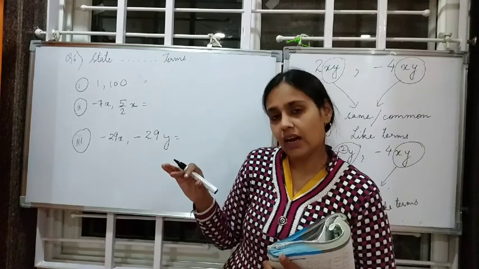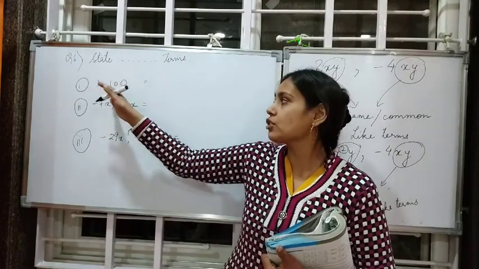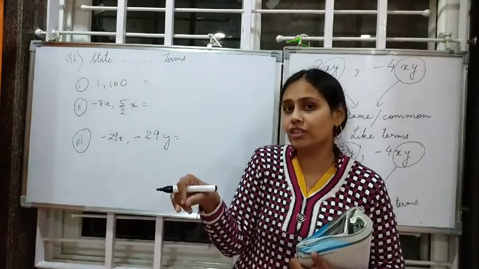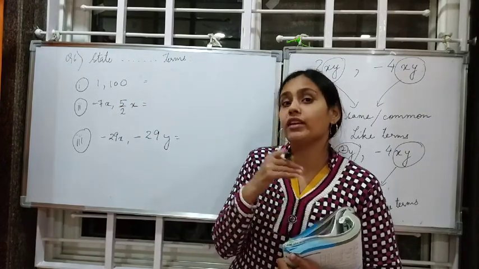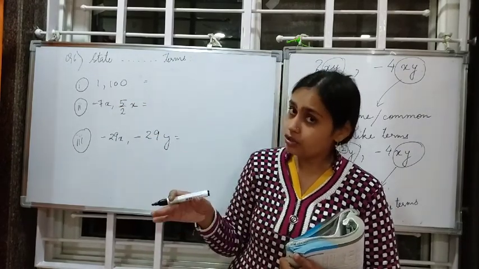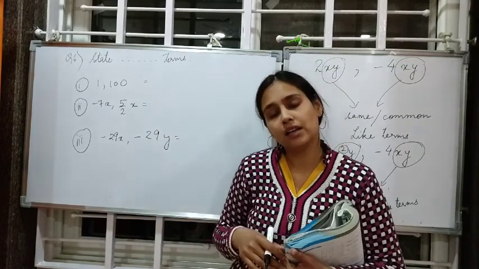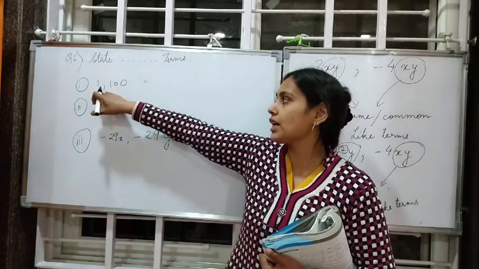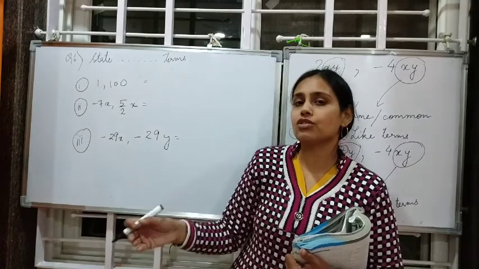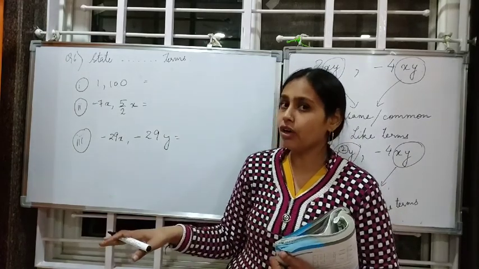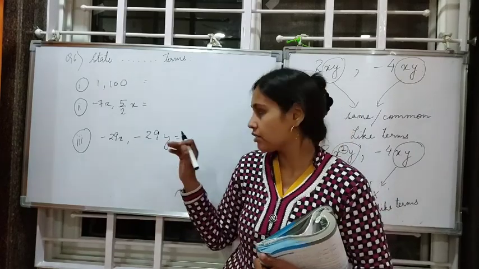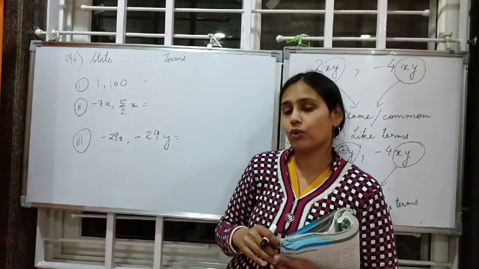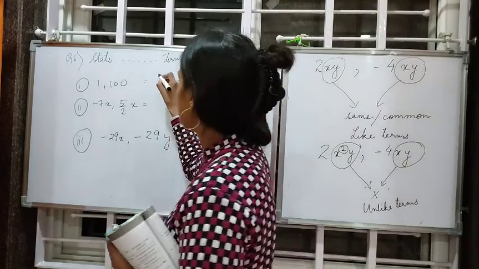So such constant terms in expressions, where there is no variable or where the variables are missing, are also known as like terms. So such types of examples again fall under the category of like terms. So here 1 and 100, what are they? They are like terms.